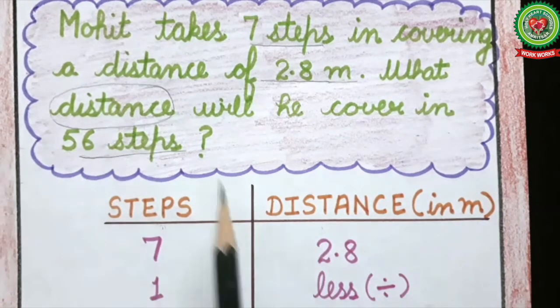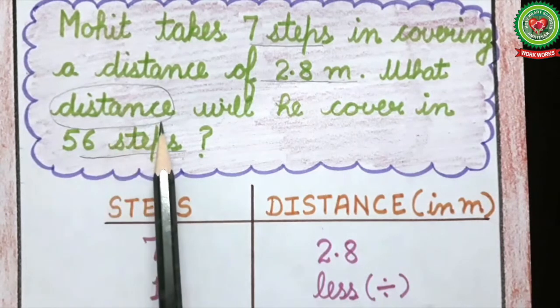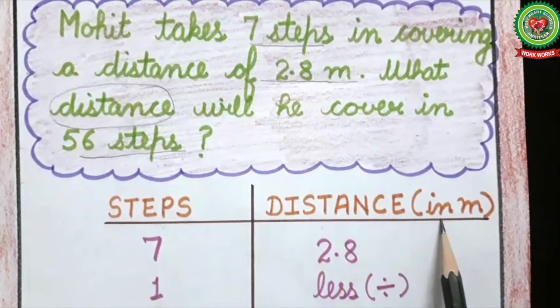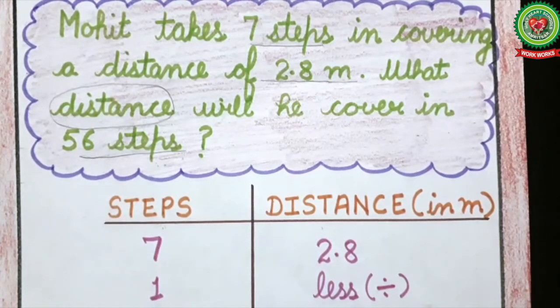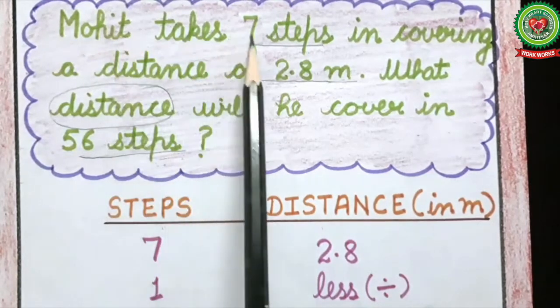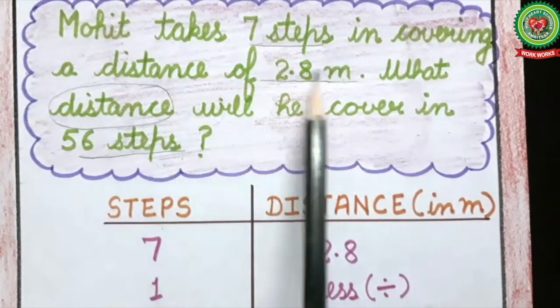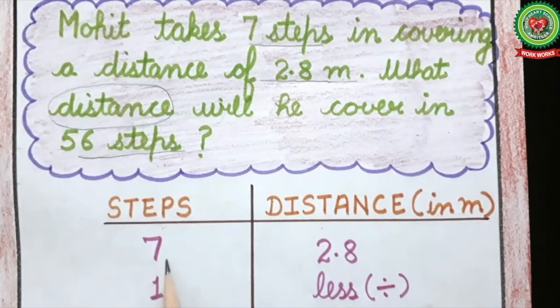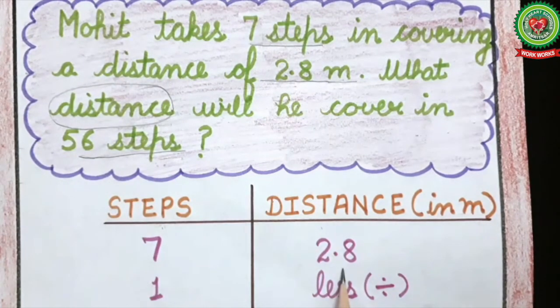Steps have no units. Units of the distance in the question is meter, so I have written in meter. Firstly it is given 7 steps in covering a distance of 2.8 meter. So I have written under the steps 7 steps, distance 2.8 meter.